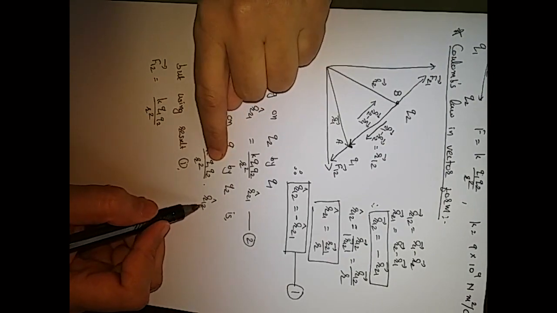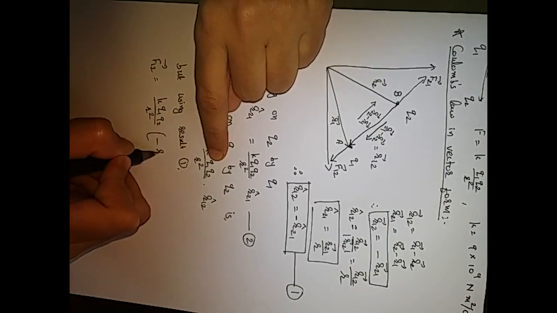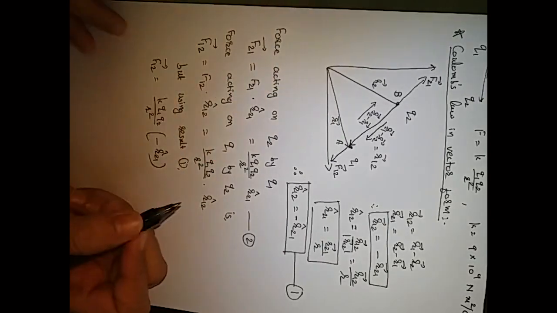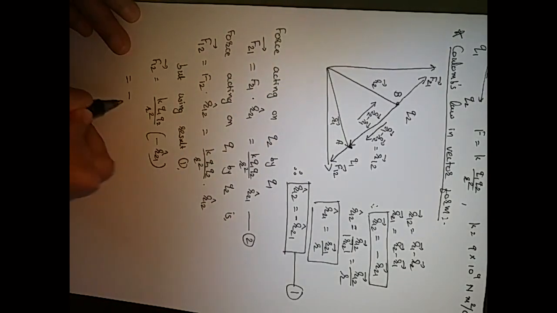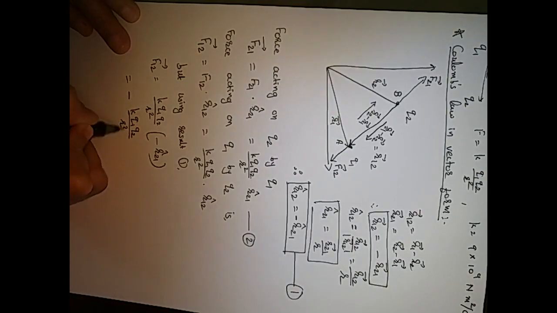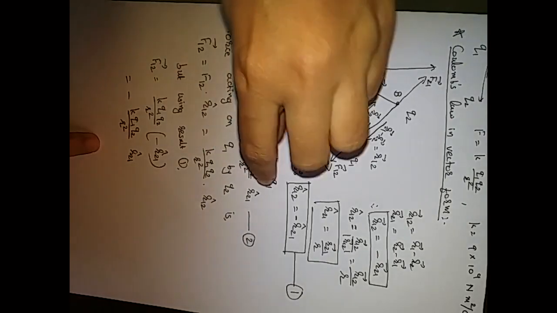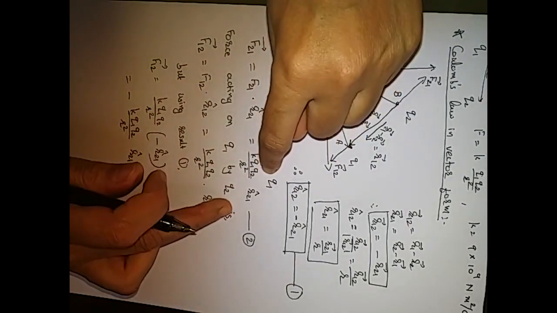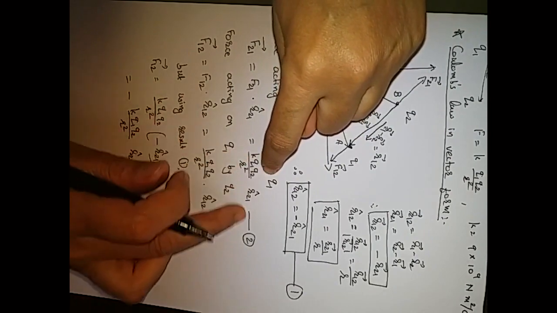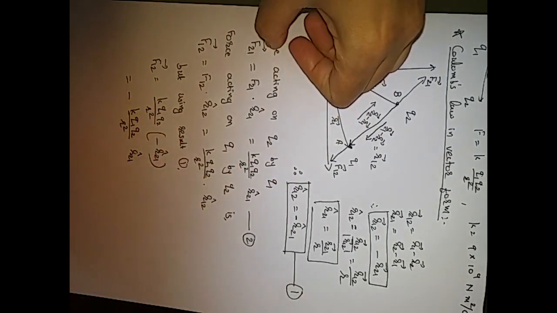Instead of unit vector R12 I will write minus R21. So this is minus K Q1 Q2 upon R square into unit vector R21. Now just compare K Q1 Q2 upon R square into unit vector R21. This is nothing but vector F21.